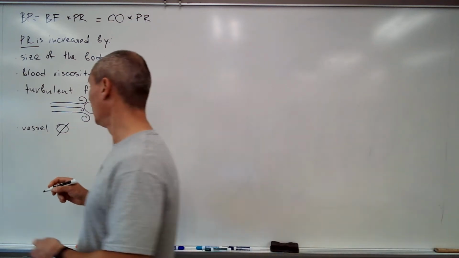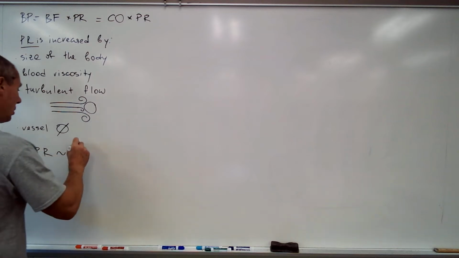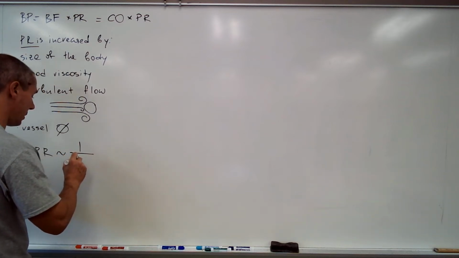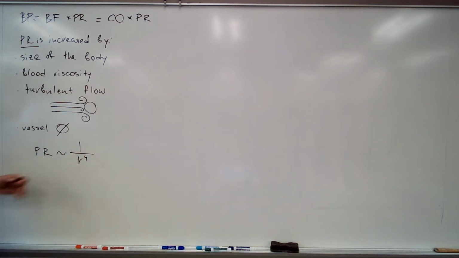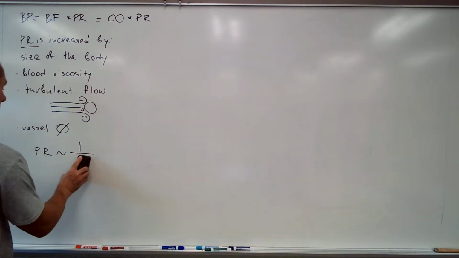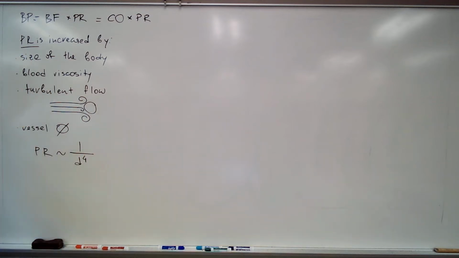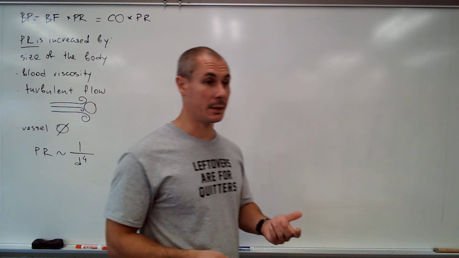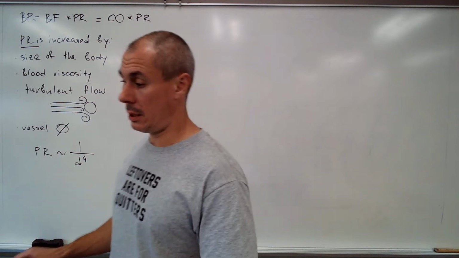And it turns out that peripheral resistance is proportional to, hold on a second, I'm thinking, I think I'm right. Yeah, the radius or diameter, let's put diameter so it's going to be easier for you: the vessel diameter to the power of 4. Does that make sense? Now, why is it important?